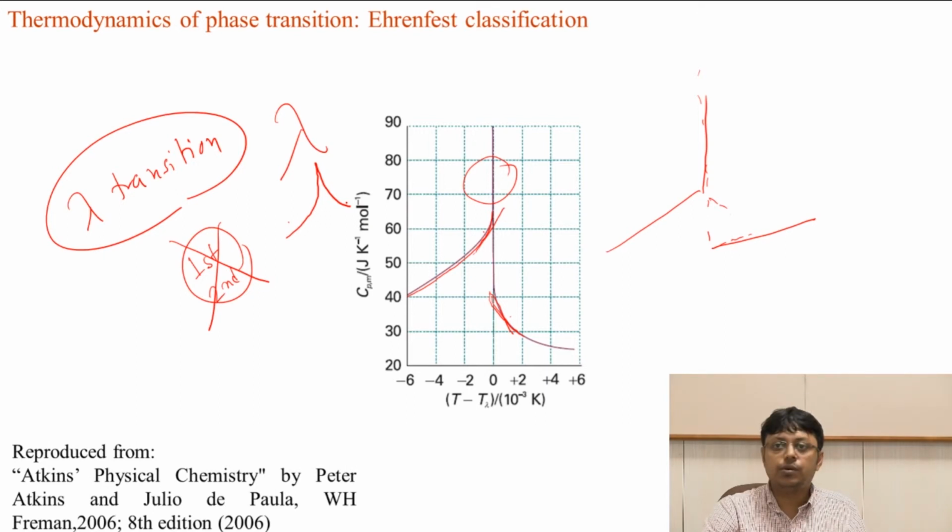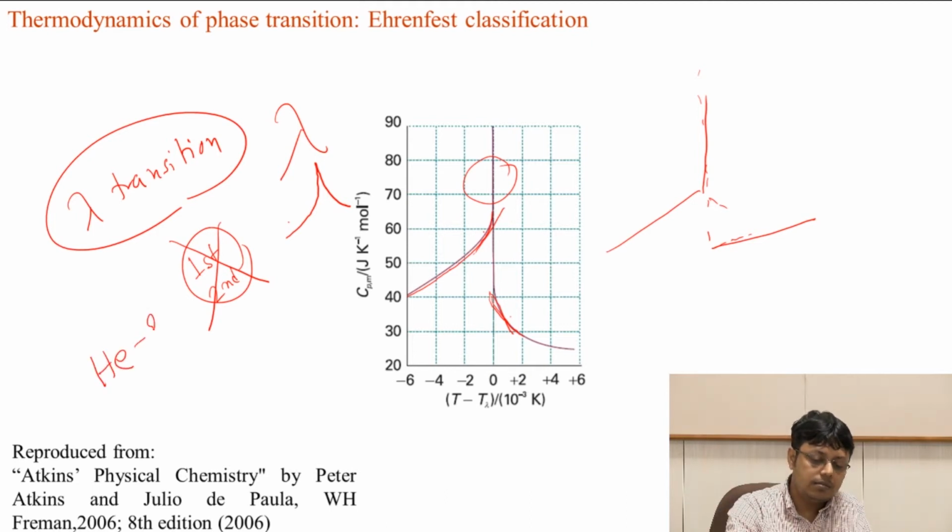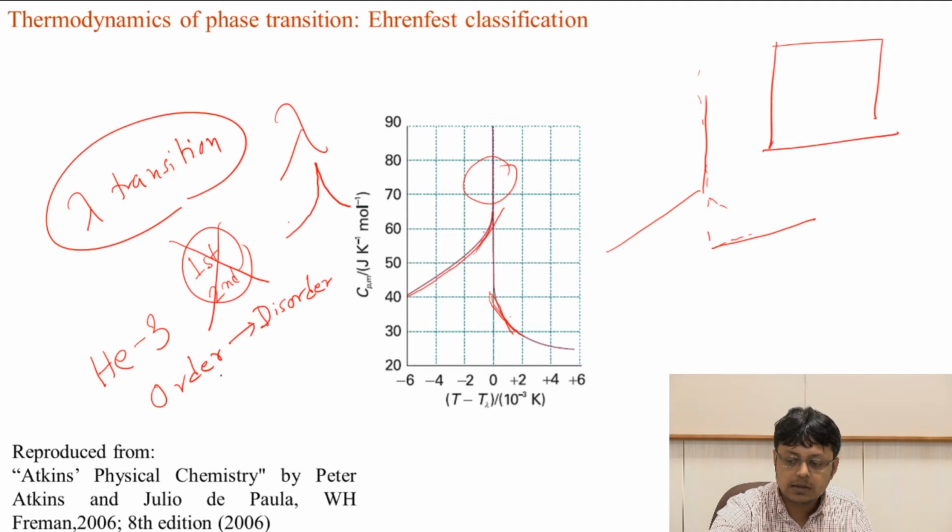We already discussed it when we talked about the transition between liquid helium phases, which we discussed for helium-3. But this is also shown by other substances. For example, it is also shown by the order to disorder transition in metals, particularly in metallic alloys.